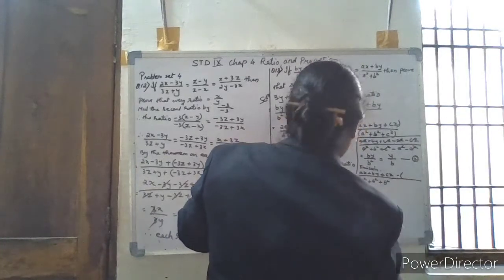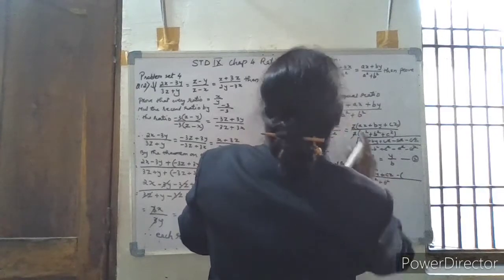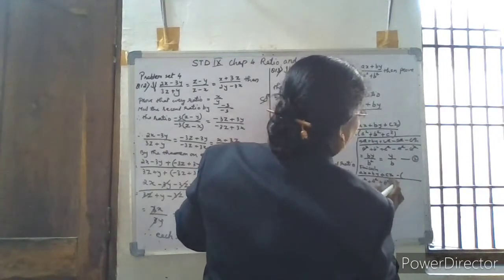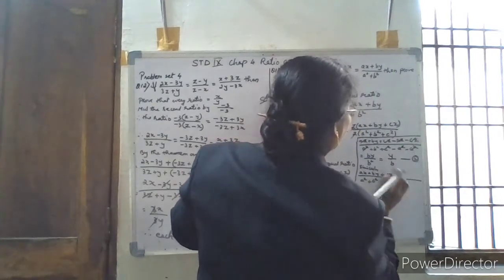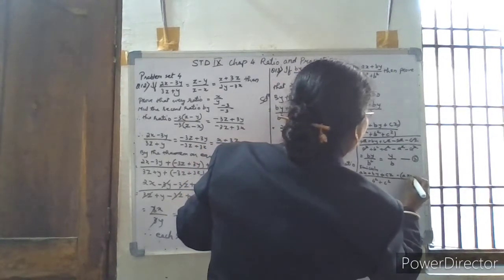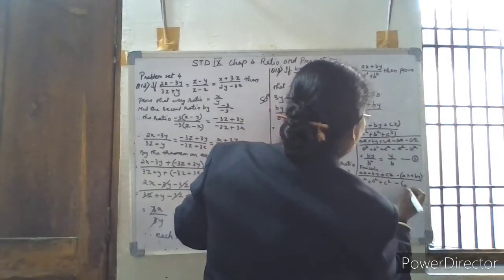Here we have to leave cz and c squared, the remaining two, (ax plus by) minus in the bracket (a squared plus b squared).